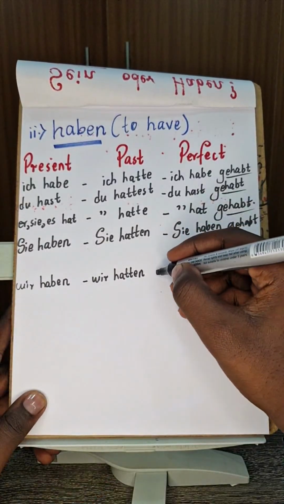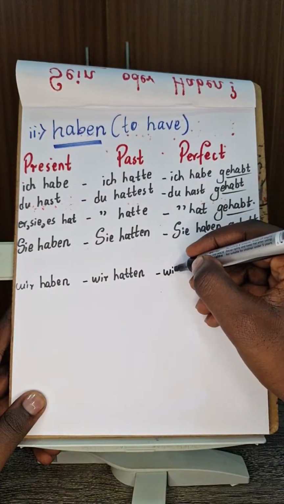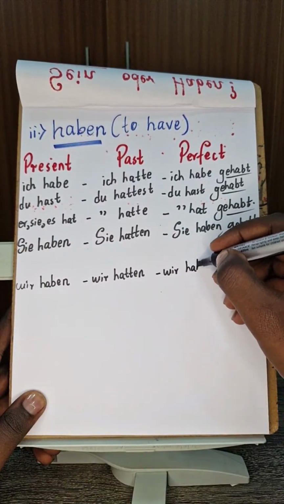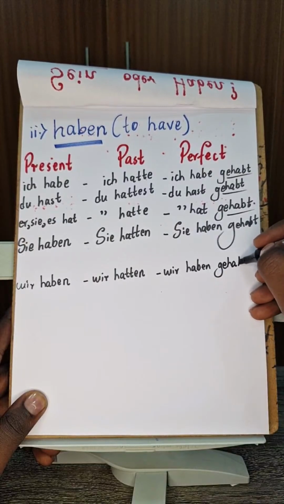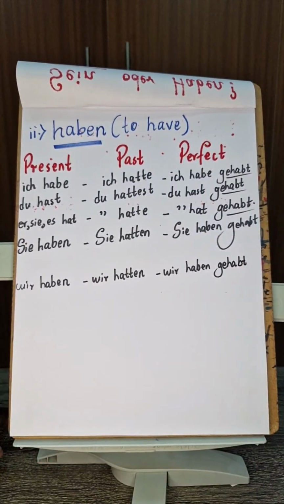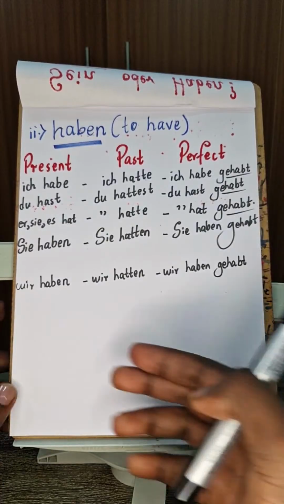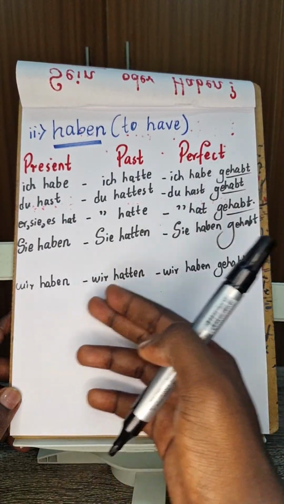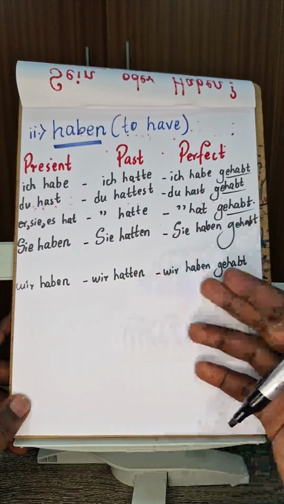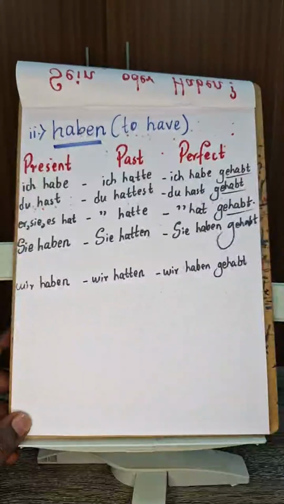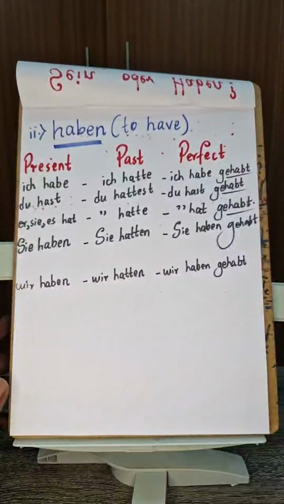Okay. Now, in the perfect, we'd say wir haben gehabt. Wir haben gehabt, we have had.